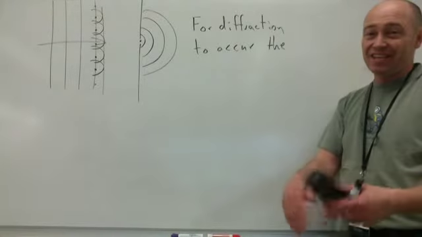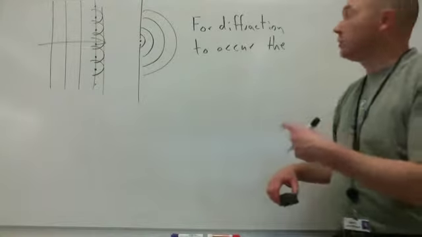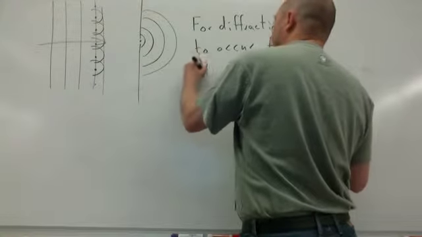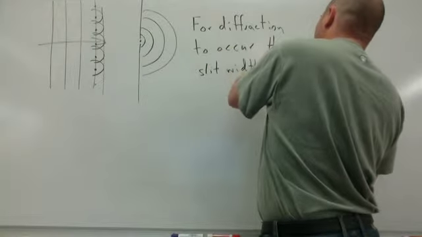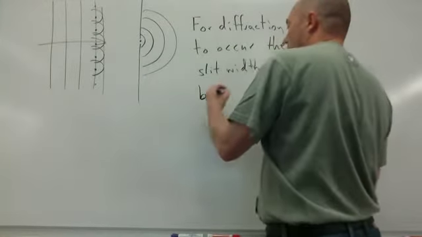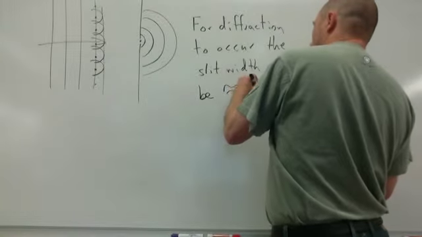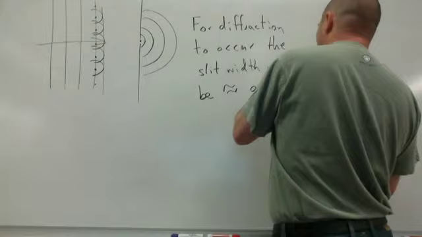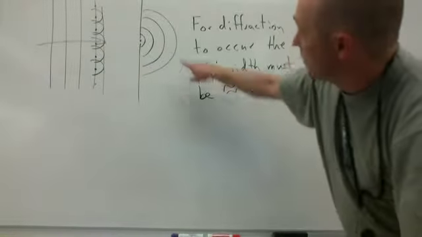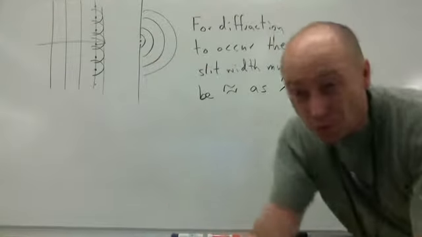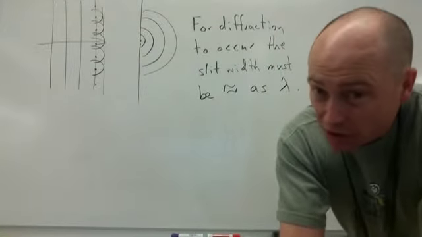It can't be teeny tiny, and it's got to be right about the same. For diffraction to occur, the slit width must be about the same size as the wavelength of the waves. As long as this slit is on the order of the same size as the wavelength, you're going to get a lot of diffraction.